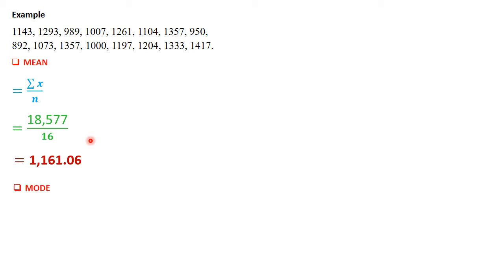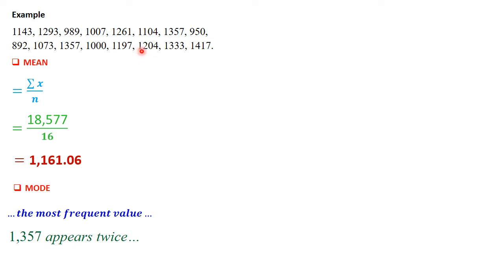So we go to the next concept, mode. Mode is the most frequent value. If in this data there's one value that exists a lot more times, then that qualifies to be the mode. There are two towns which have 1,357 people.